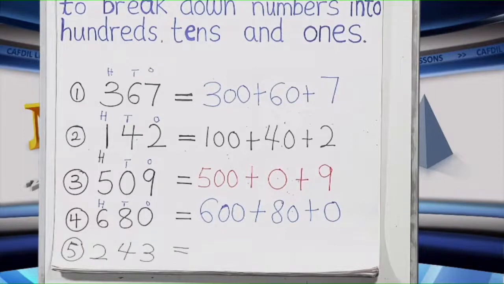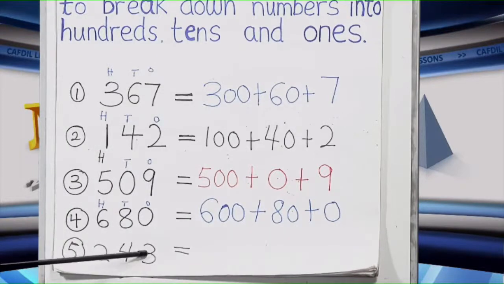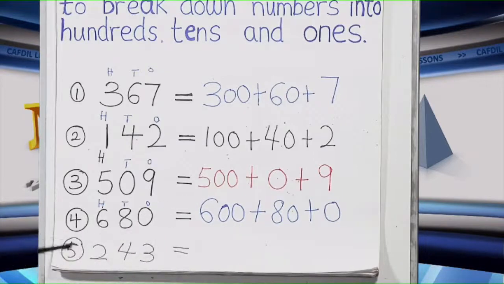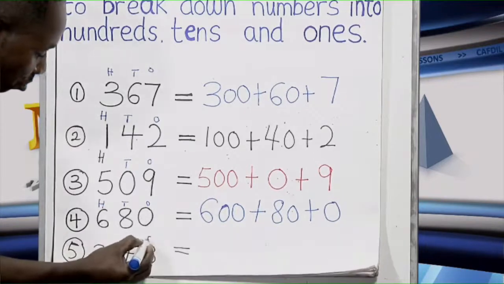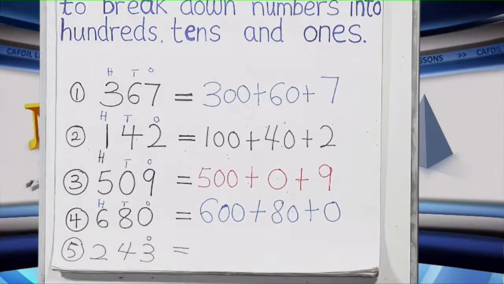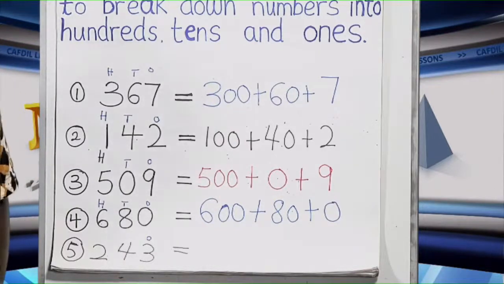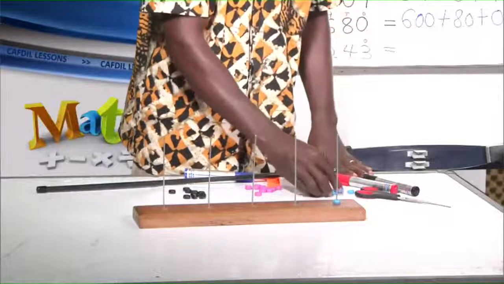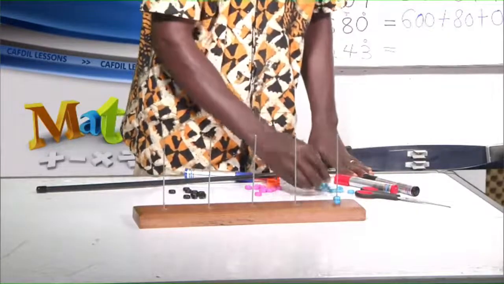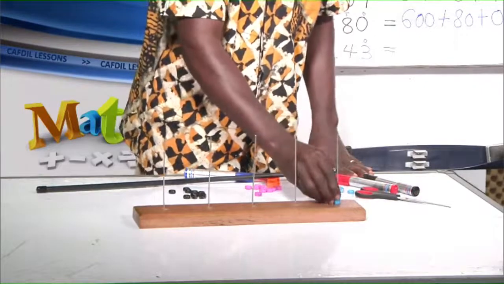Let's look at question 5. For question 5, under the ones column, we have 3. So this shows 3 ones. And under the ones column, each bead shows 1. So we have 1, 2, 3.